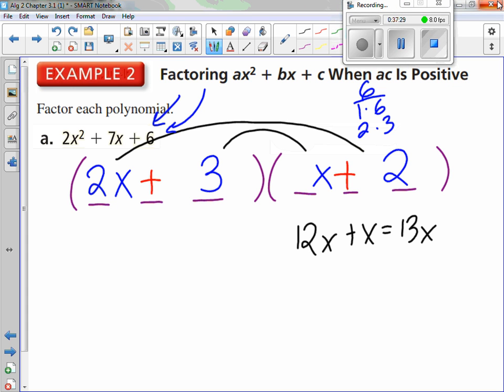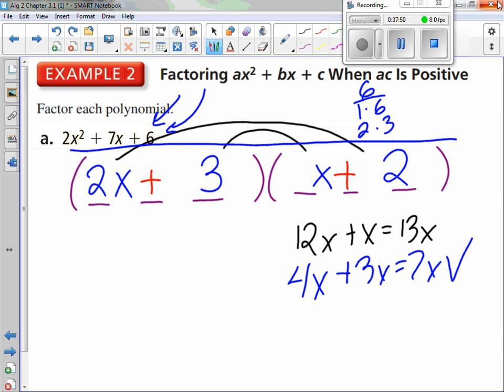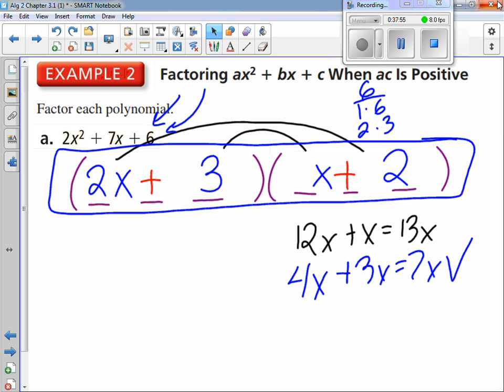Now, again, that's one of the things I noticed as I was doing these, is if there wasn't a common factor to begin with, there can't be one here. Now this here is going to be the way it works, because there's no other way to set this up. And if we check it, 2x times 2 is 4x, plus 3x gives us 7x. And that's our answer there.